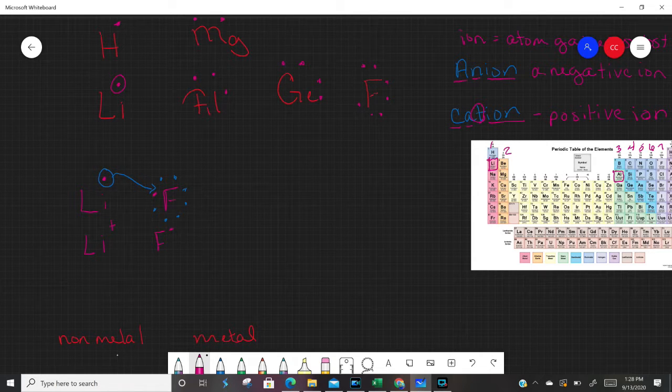The way to write the name: we write the metal first and then the nonmetal. I said that backwards, which means I wrote it down backwards.